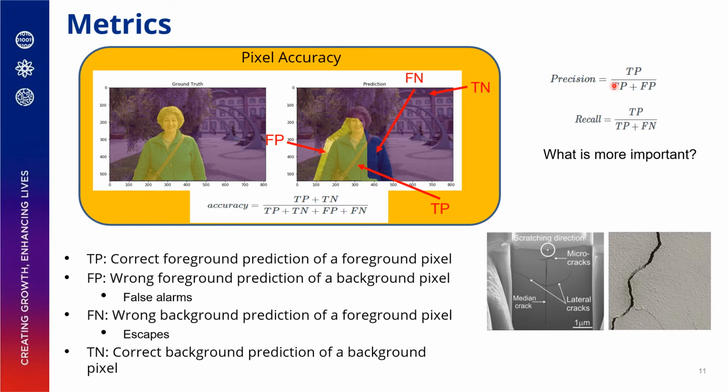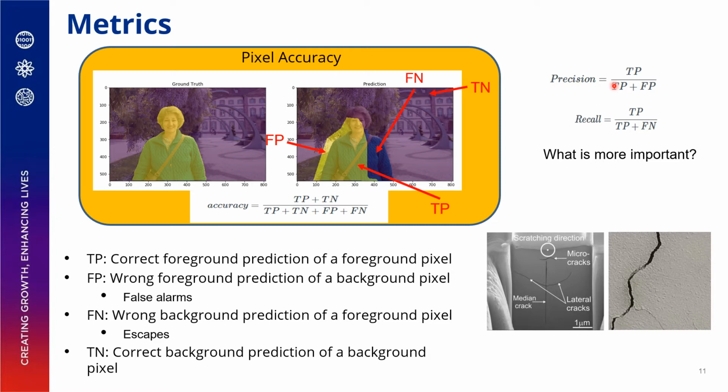So to increase your precision, you want to reduce your false positives. To increase your recall, you want to reduce false negatives. If you decrease your false positives, the way you would do that is you would want to be as accurate as possible about your decision. You only want to identify something as a foreground if you are damn sure that it is a foreground, right?